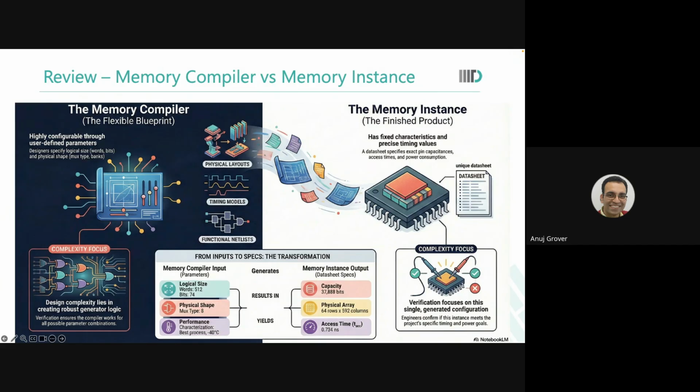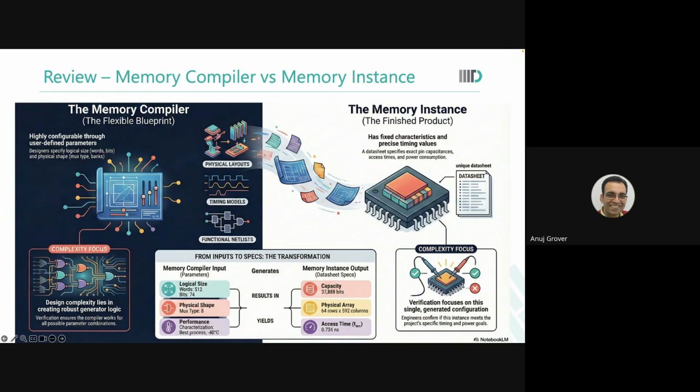Are you with me? And that is when you get the maturity for your IP to be used in the designs. So all this for us will be done by the memory compiler level.